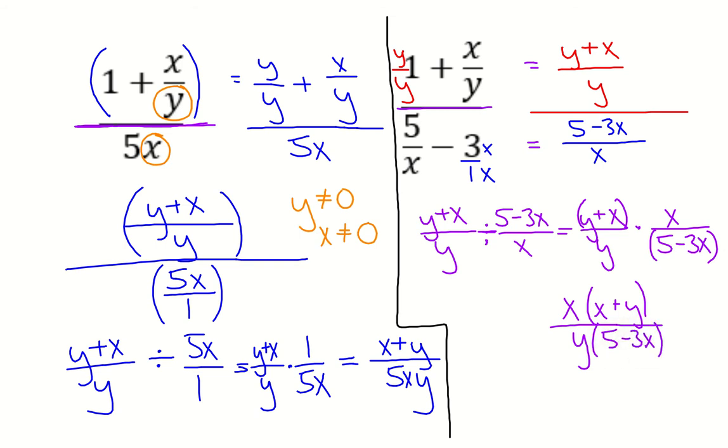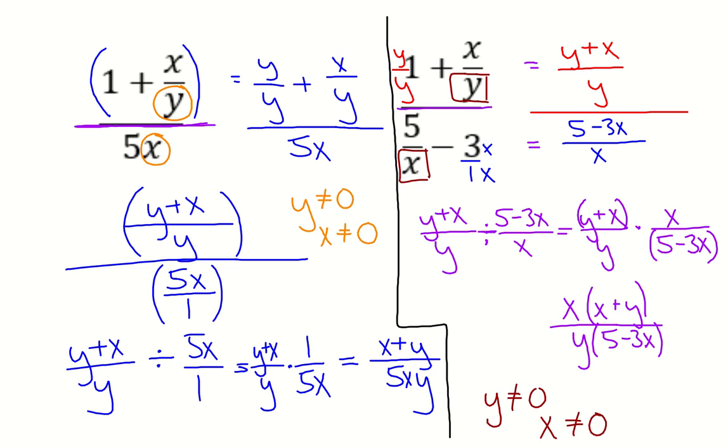For the disallowed or the excluded values here, we need to go back and see anything in x or y that would be creating division by 0. So the y from this original problem cannot equal 0. The x also, because in the original problem I've got 5 divided by x, so x can also not equal 0.